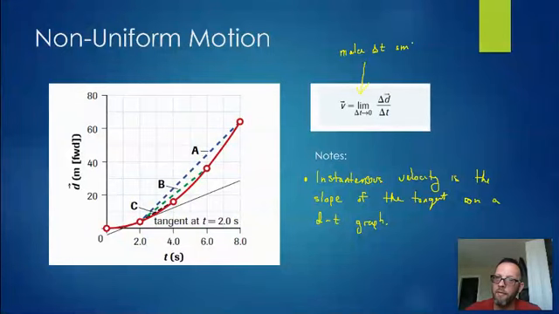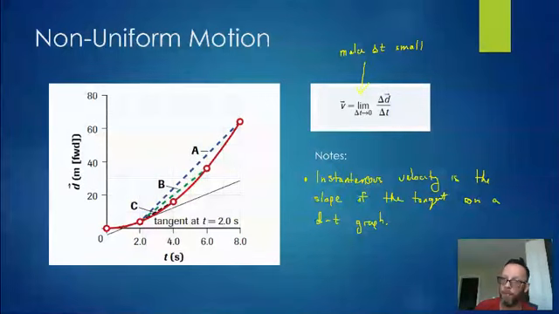For those of you who haven't taken calculus, which would be a lot of you, some of you might just be coming out of the grade 10 course, this just basically is saying make delta t small. As delta t gets smaller and smaller, that average velocity, which is equal to delta d over delta t, displacement over time, gets closer and closer to the instantaneous velocity.